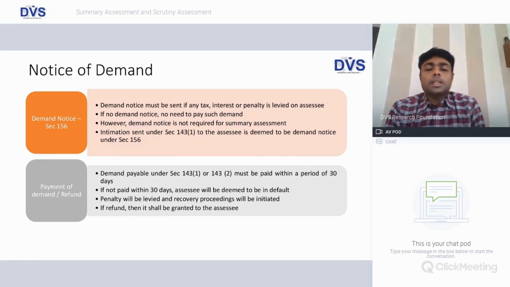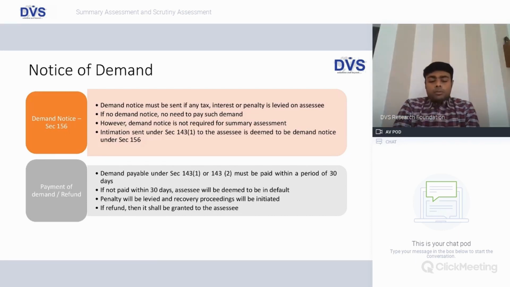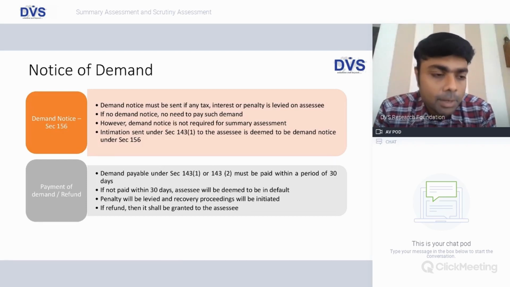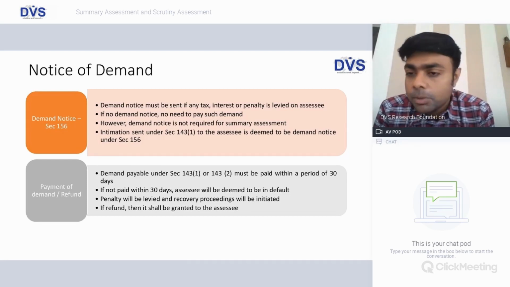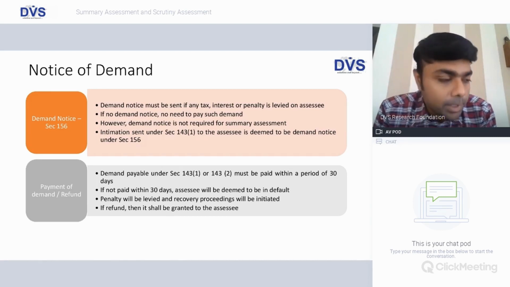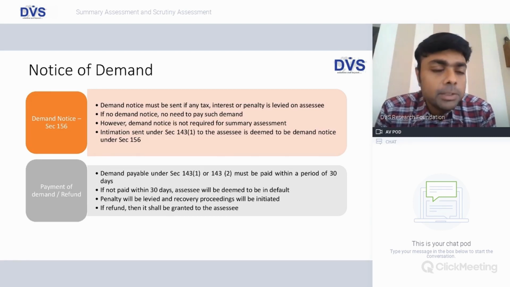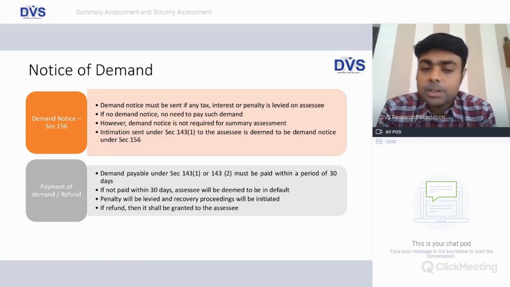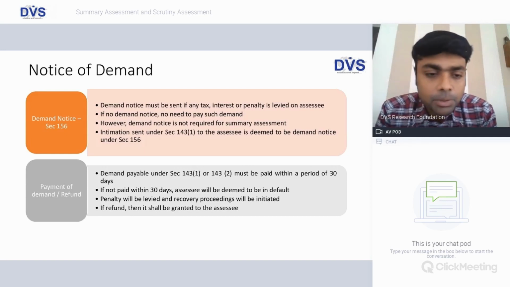Once the 143.3 order is sent, it is simultaneously accompanied by a demand notice under 156. If based on the order there is tax payable, within 30 days it has to be paid. If there is a refund due, it has to be paid within 30 days by the department. Whether it actually happens or not, that's a different story altogether.